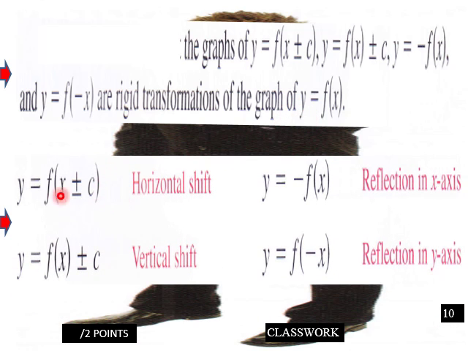When you have x plus or minus c inside parentheses, it's a horizontal shift. And when it's f of x, and then outside of the parentheses, plus or minus c, it's a vertical shift. And then y equals negative f of x is a reflection in the x-axis. And then f of negative x, inside parentheses, will be a reflection.